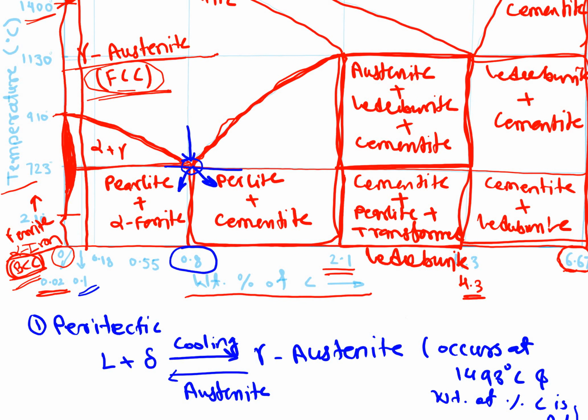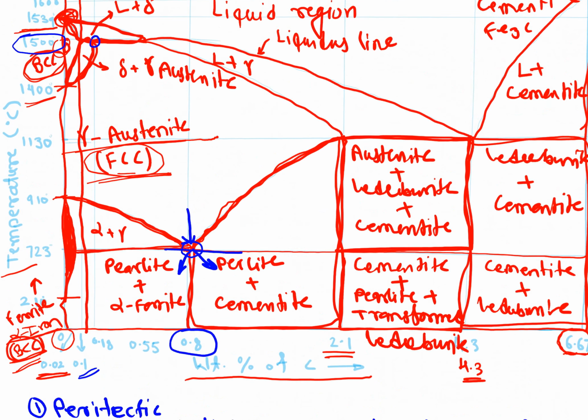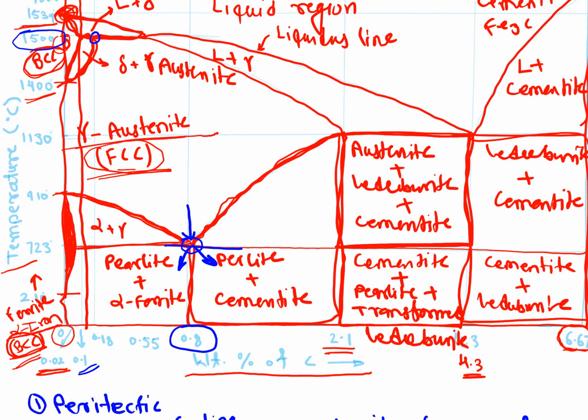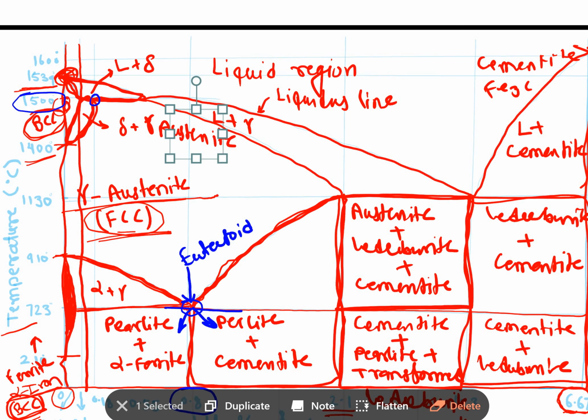And the third important transformation is eutectic. This is eutectoid, this is peritectic, and this is eutectic.